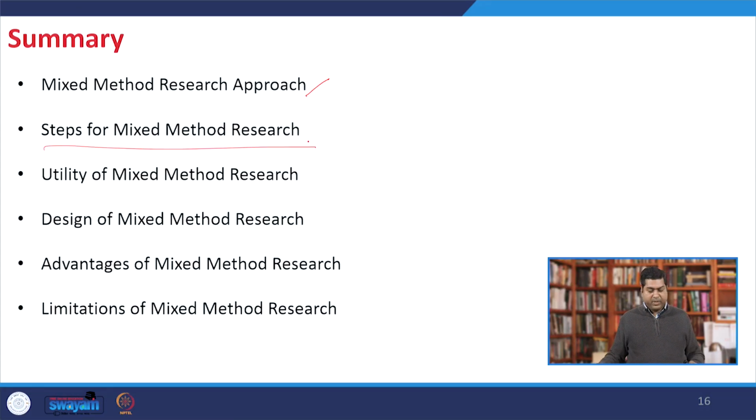Along with that, we have to be careful and check whether our research question requires this kind of approach or not. Otherwise, if it can be solved with either qualitative or quantitative, then there is no need to invest time and resources to make it complex with the mixed method. We have also discussed different steps of mixed method research.